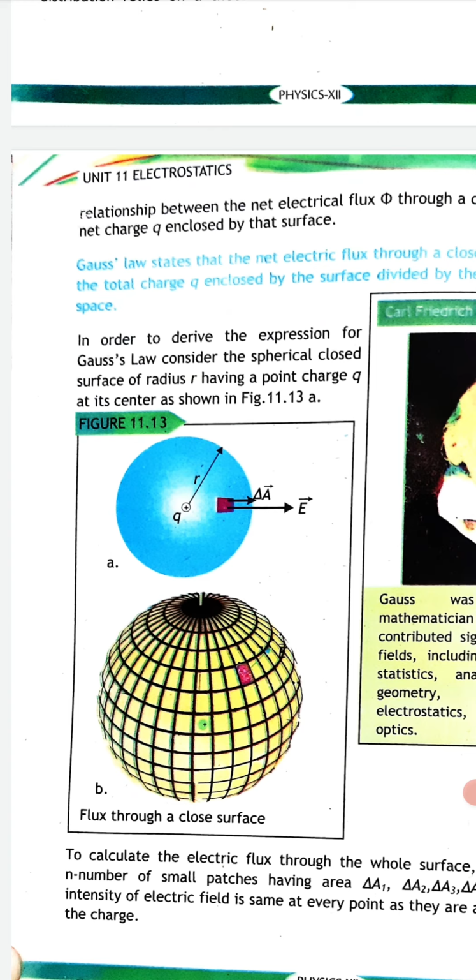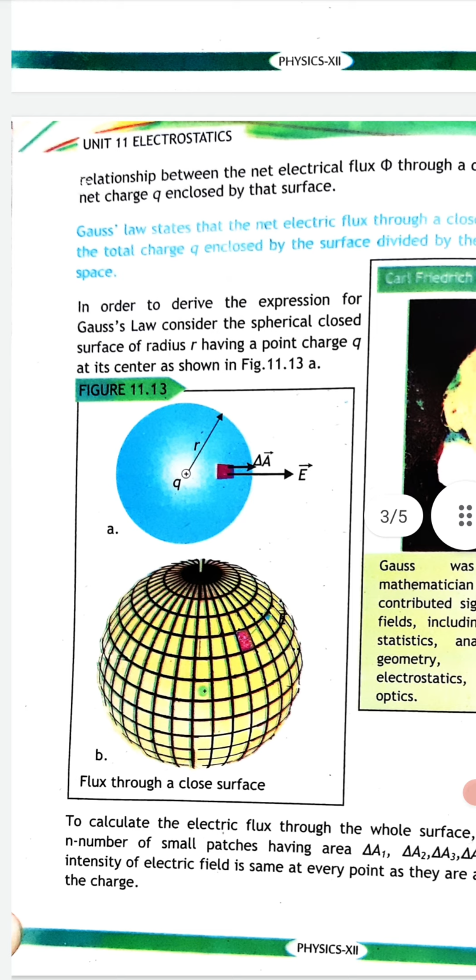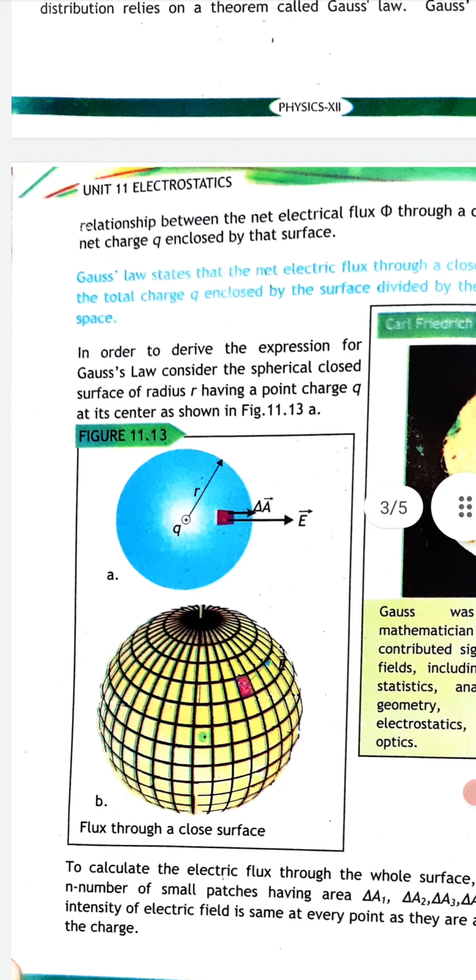For this I am going to consider one of the most symmetrical closed surfaces, which is a sphere, because a sphere is a more symmetrical object. I can apply any shape of closed surface, but for simplicity, in order to make our mathematical steps easy, I am going to use the closed sphere.